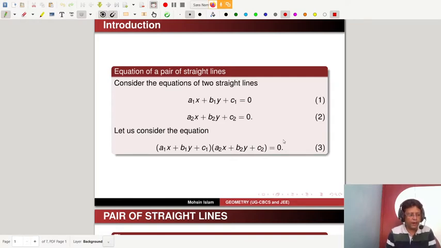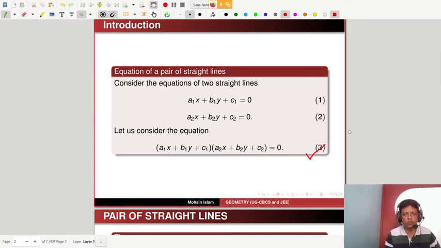So the advantage is that the coordinates of any point on 1 satisfy equation 3, and hence all points of the straight line 1 lie on 3. So any point on 1 will naturally satisfy equation 3, and a similar statement can be made for equation 2 also.